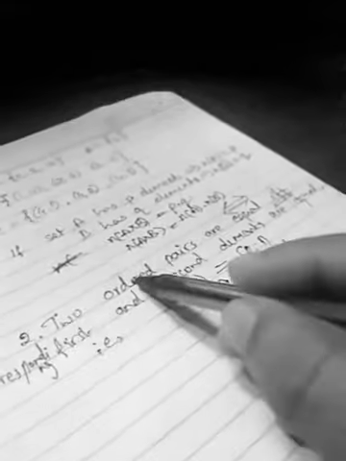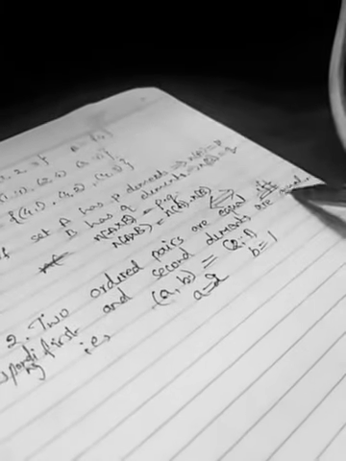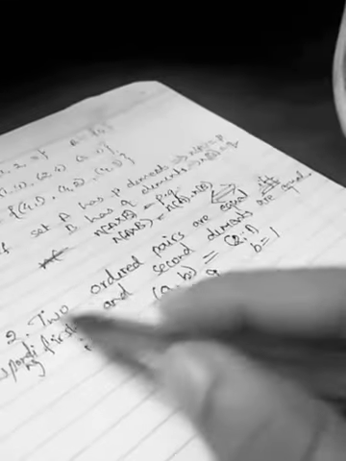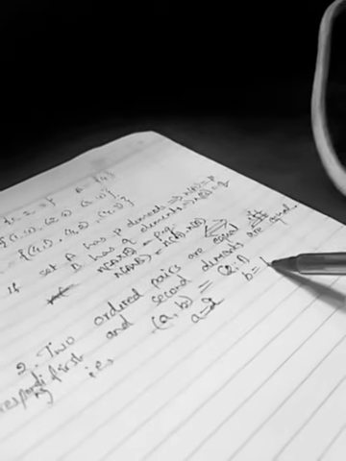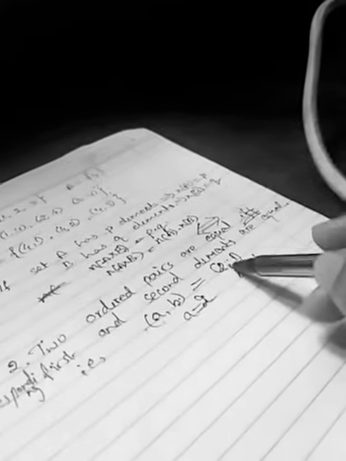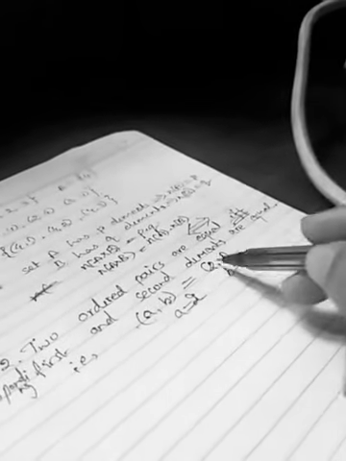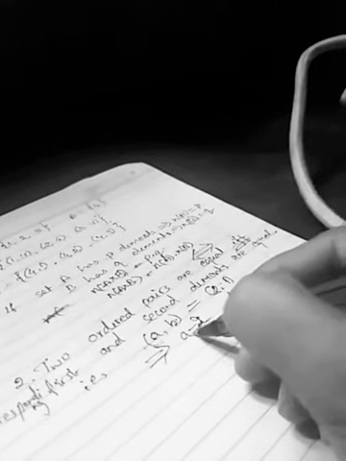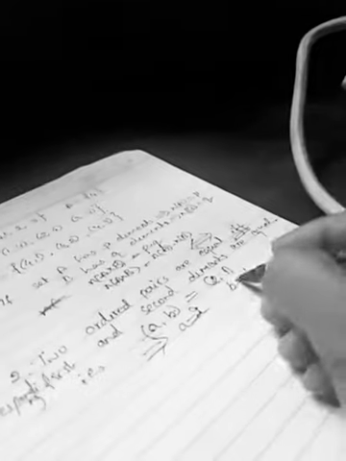Two ordered pairs are equal implies that the corresponding first and second elements are equal. If the corresponding first and second elements are equal, then the two ordered pairs are equal. So if A equals 2 and B equals 1, then (A, B) equals (2, 1). Otherwise, (A, B) equals (2, 1) implies that A equals 2 and B equals 1.